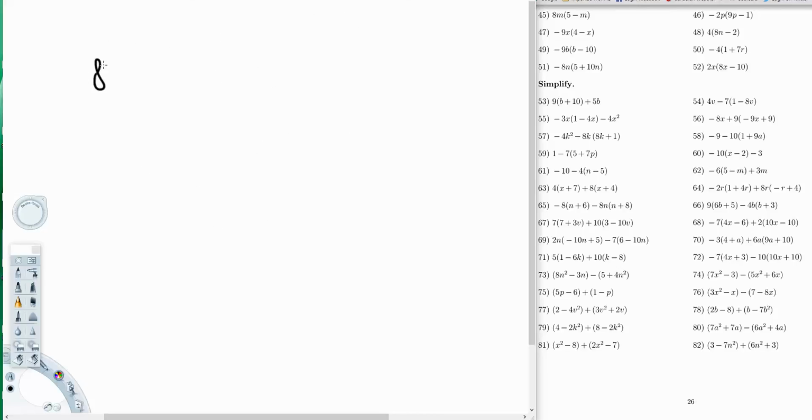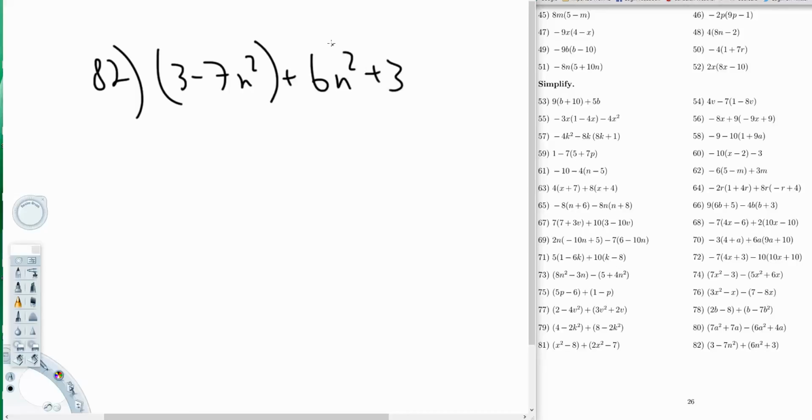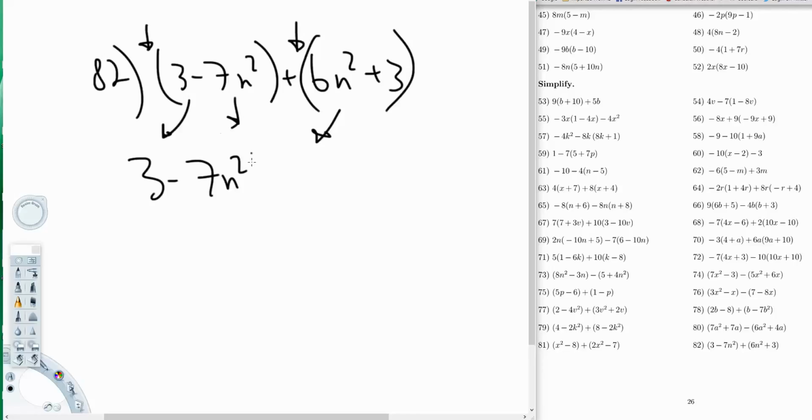Last problem, guys. Last problem. 3 minus 7n squared plus 6n squared plus 3. Once again, nothing to the left of the brackets, so you just copy down these numbers. 3 minus 7n squared plus 6n squared plus 3, right?